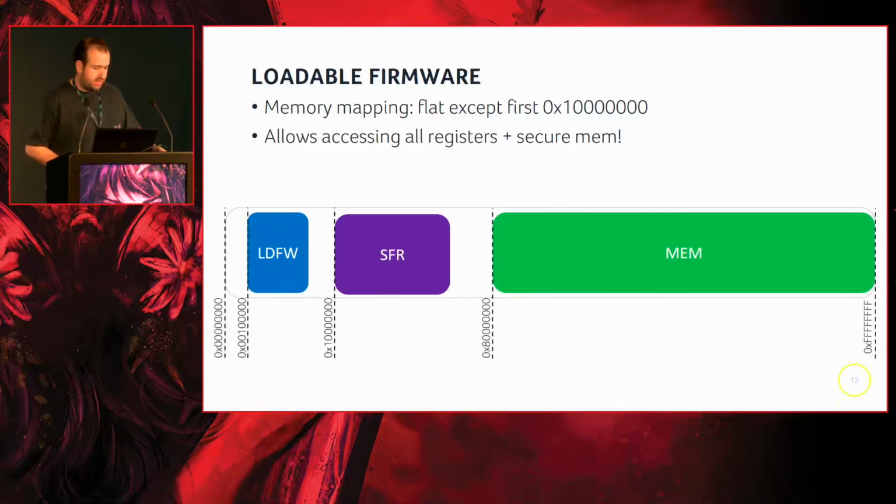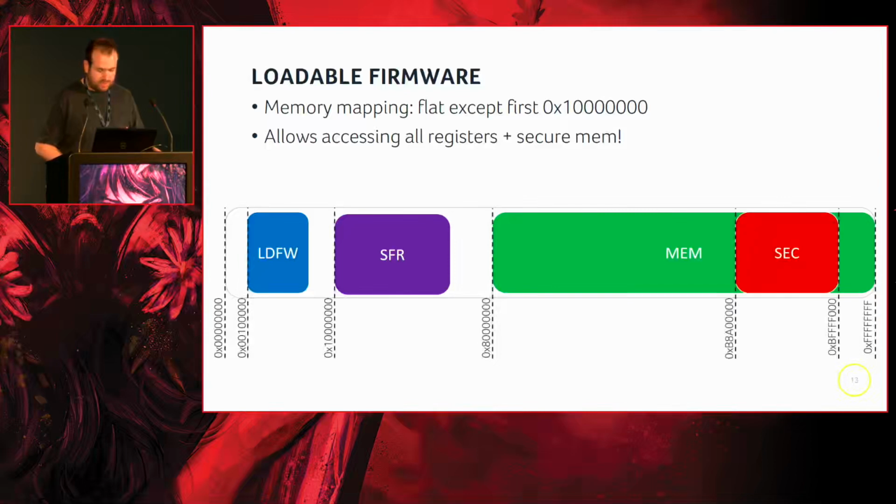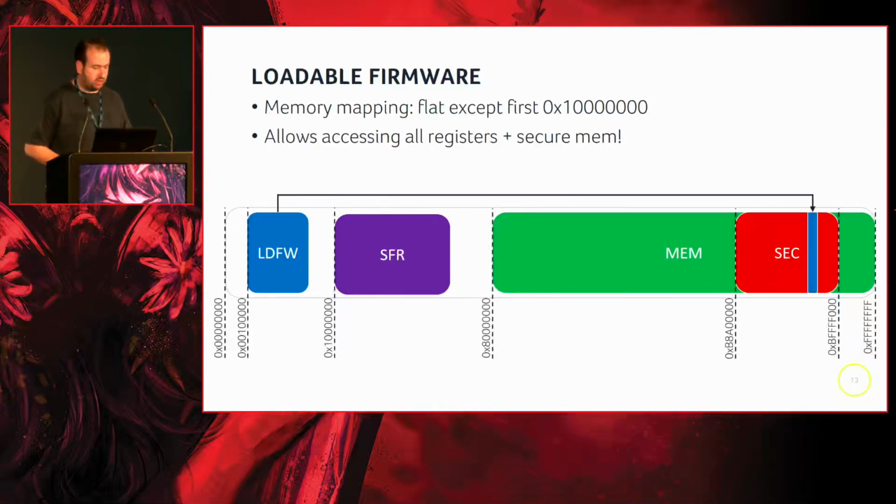And at address 80 and then all zeros, that's where the DRAM starts. This will be the 2 gigabytes of DRAM mapped at this address, which includes the DRAM configured as secure. This is DRAM reserved only to the TE, and it also contains another copy, a sort of alias, of the loadable firmware as viewed in the physical memory.